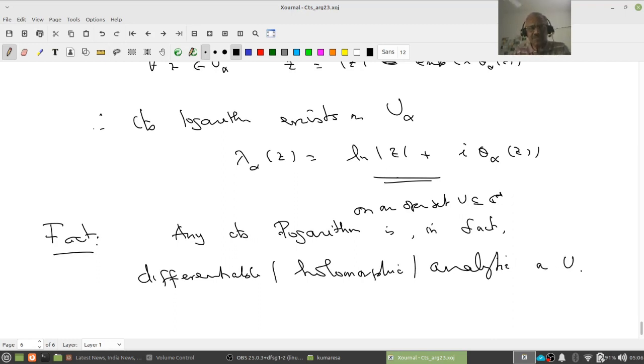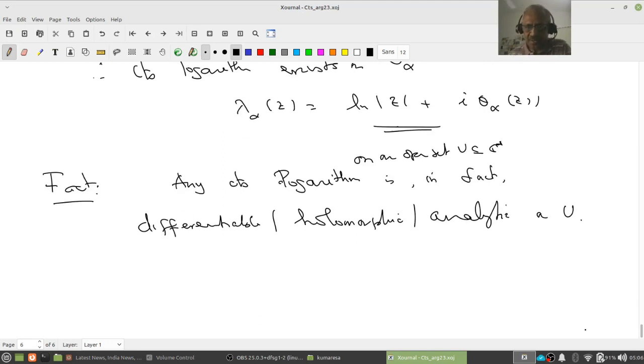This is a very interesting fact. Just continuity. If I have a logarithm on an open set and I know it is continuous, then that is going to be a function from U to C. Suppose I call this logarithm lambda. Why did I call logarithm lambda? You see that L appears.